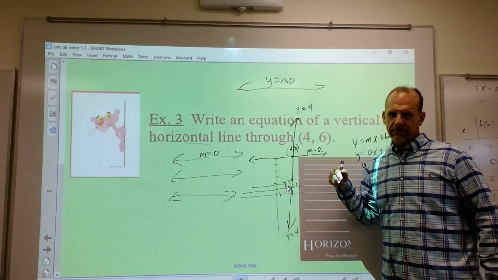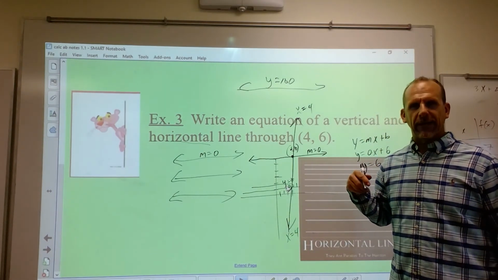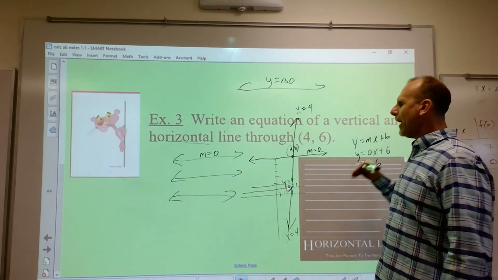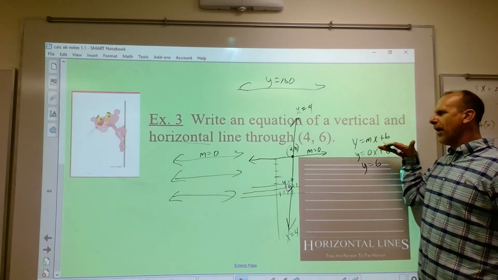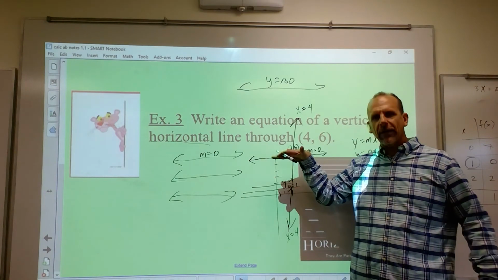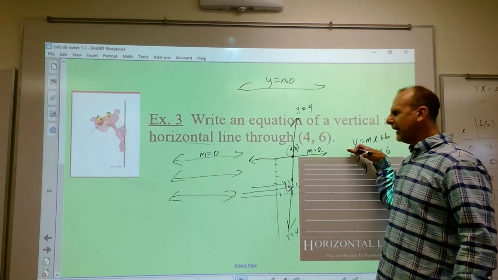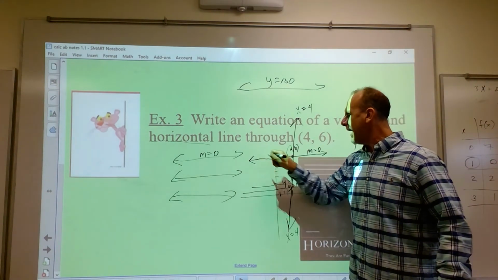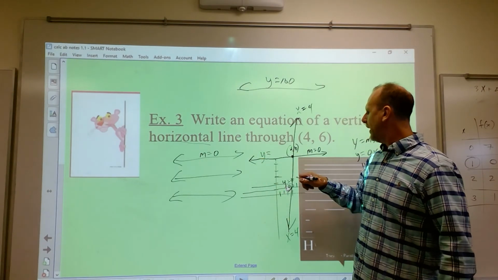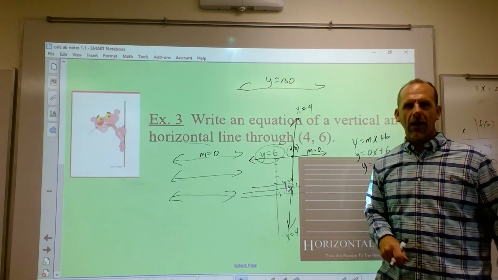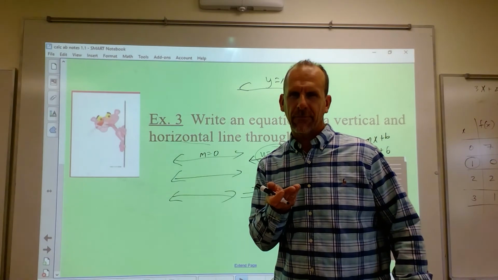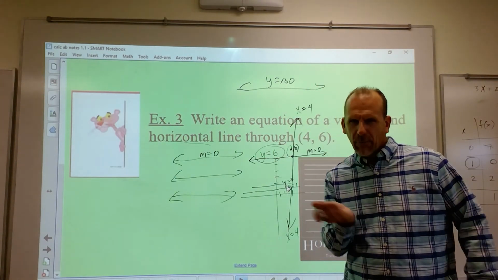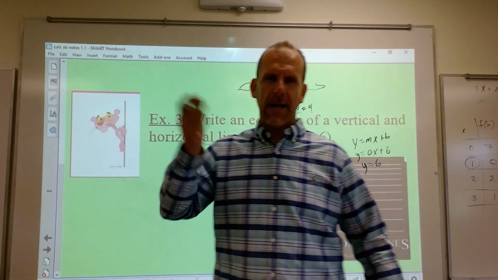Just draw the line and then tell me what it's going to hit. It's going to hit x at 4. For y equals lines, this horizontal line is never going to hit the x-axis. It's going to hit the y at 6. All horizontal lines, y equals. All vertical lines, x equals.